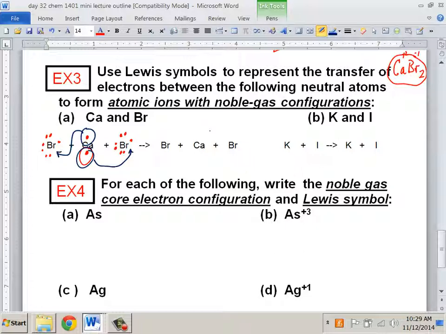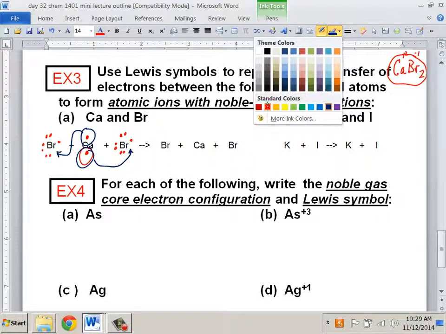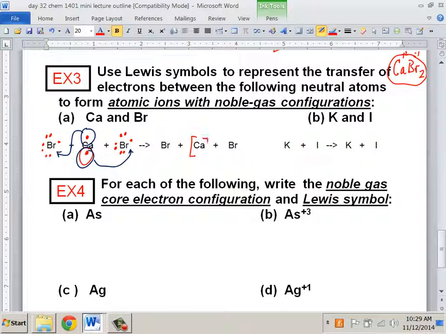So you end up with this guy just +2, and these guys all end up being -1. Then you can have a whole other step if you want and just form that thing, but they didn't ask for that.